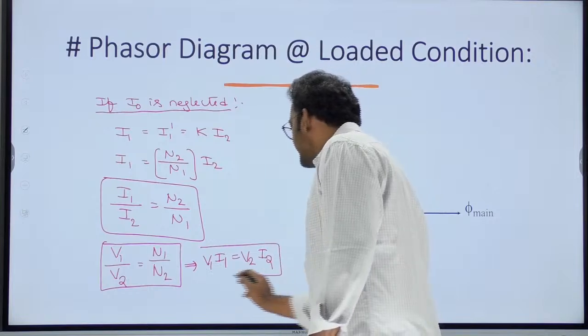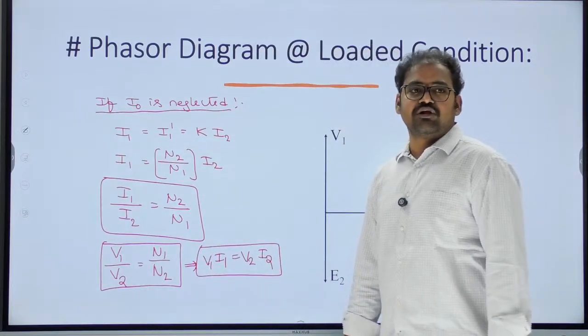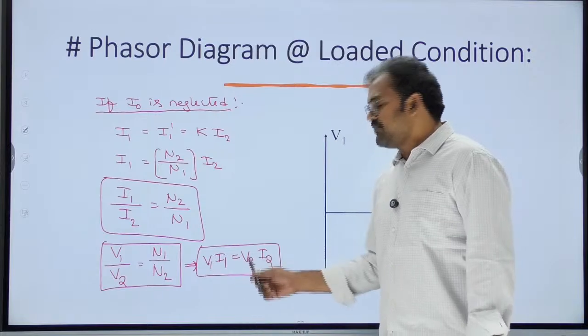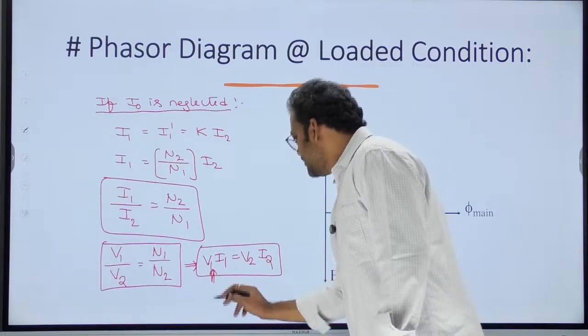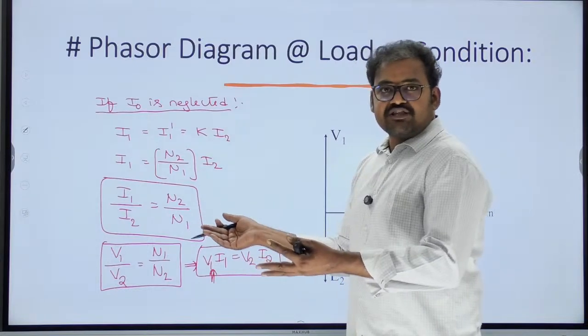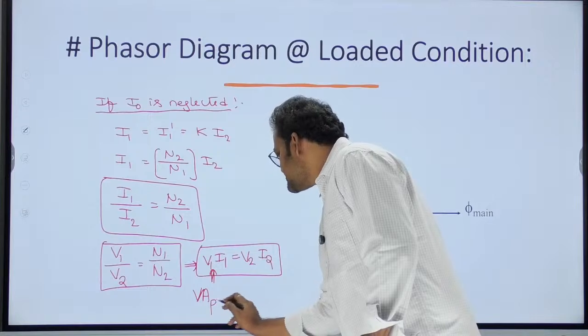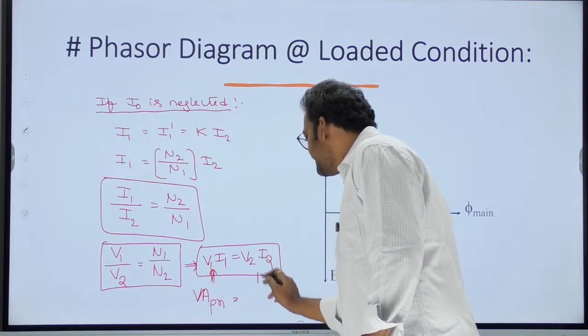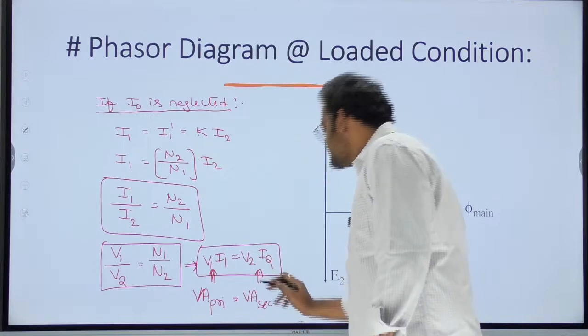So this is what we call input volt ampere power is equal to output volt ampere power, or primary volt ampere power is equal to secondary volt ampere power. Yes, because voltage into current is nothing but volt ampere power. So volt ampere power on the primary side is equal to volt ampere power on the secondary side.